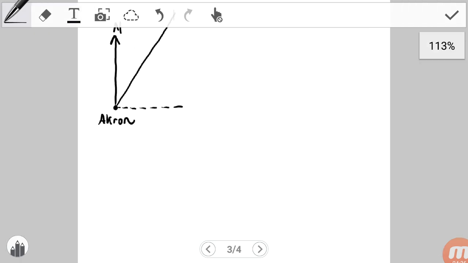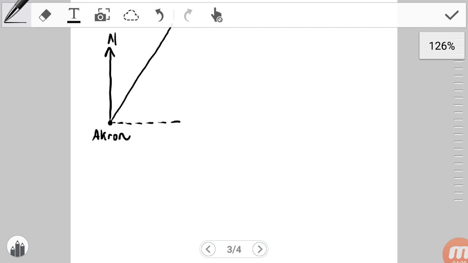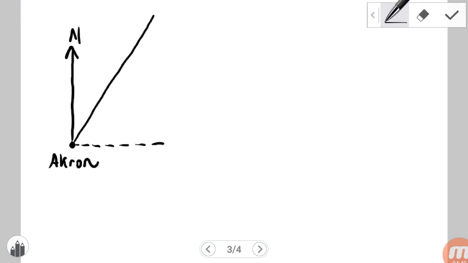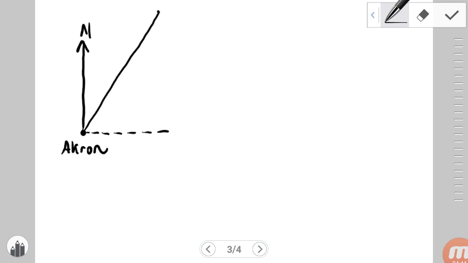We could simply say that there is Belleville, the distance where Belleville is located. So that's Belleville, and the bearing is measured from north in a clockwise direction. So that's 35 degrees.